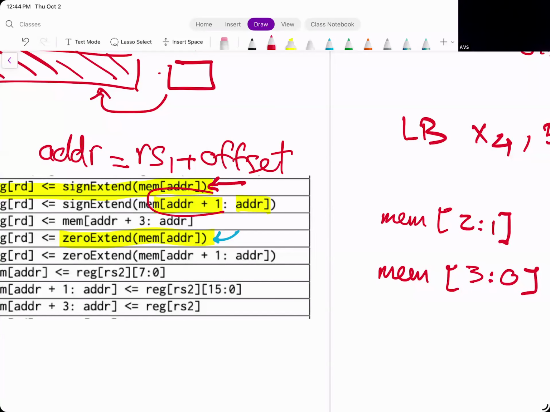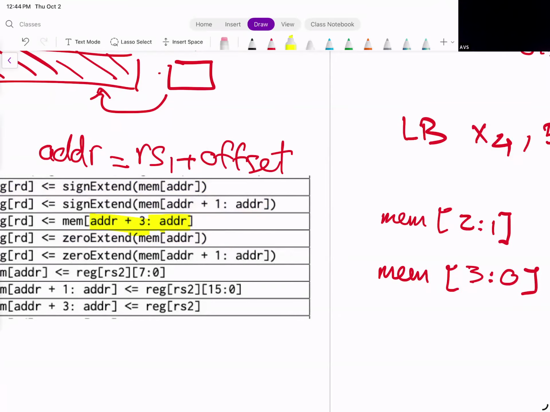This one, since it's 2 bytes, I do address and address plus 1. This third one, since it's 4 bytes, you can see it's address plus 3 colon address. It means address, address plus 1, address plus 2, and address plus 3, 4 of these concatenated together, and that would be the final value. Make sense? Yes.